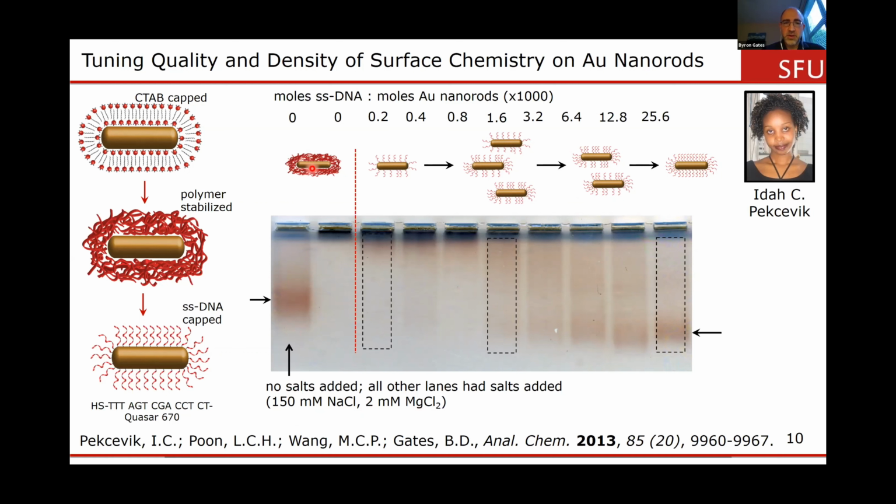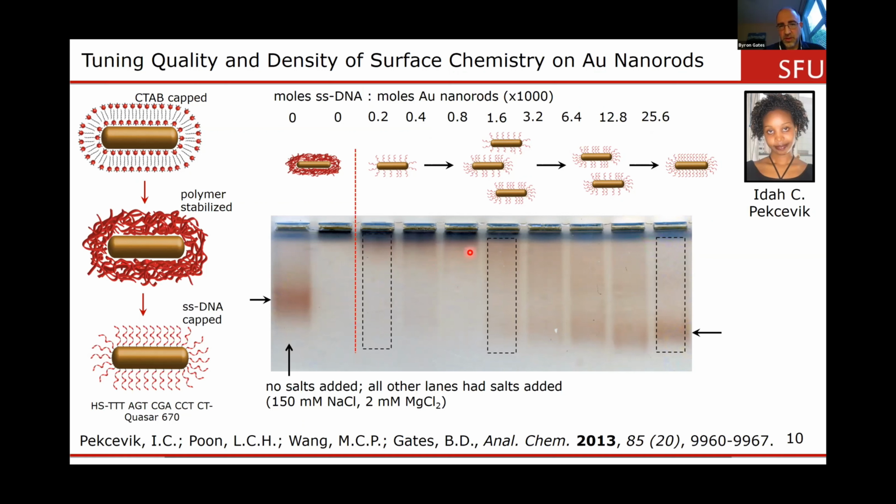And the experiment is we start off with the polymer coated ones, and then we've got various degrees of where we've created a ratio of thiolated DNA to the gold rods, doing that exchange from the polymer to the thiolated DNA. What we find, depending on the ratio, and we're well in excess of thiolated DNA, is that there's this aggregation here, and the red that you see is from the plasmon of the gold rods.